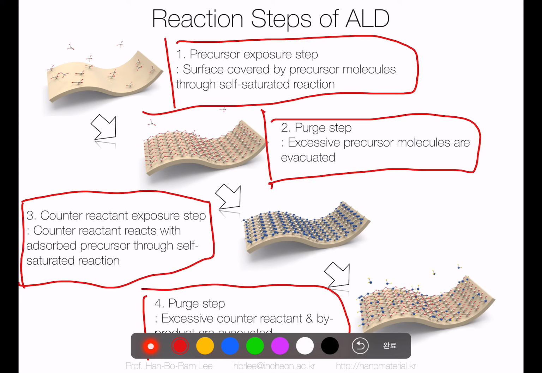Then we remove the excess molecules by pumping down. Then we expose the counter-reactant to the surface, and the counter-reactant reacts with the precursor and changes the surface to an oxide or a pure metal, and we pump down the excess counter-reactant or the byproduct.